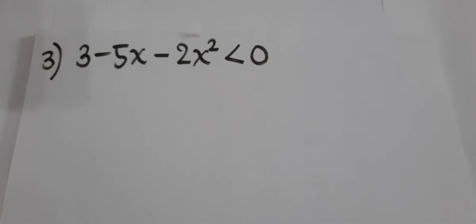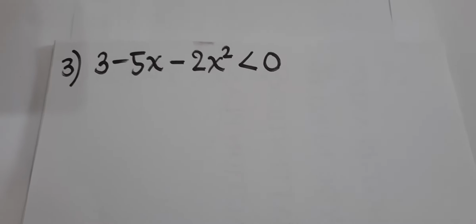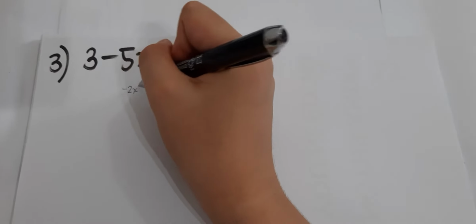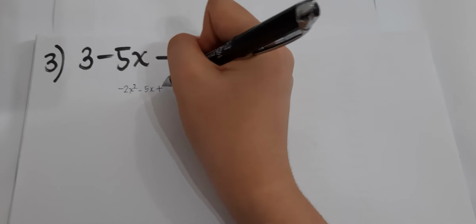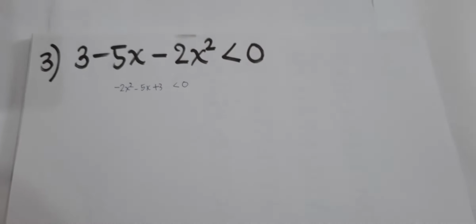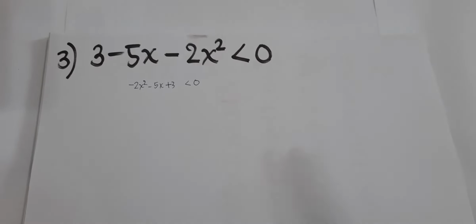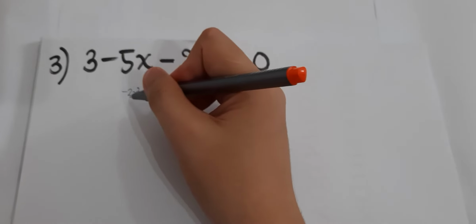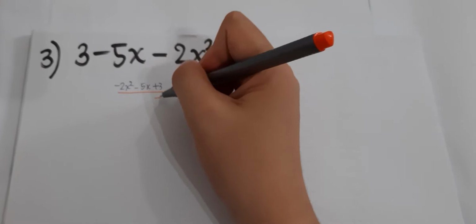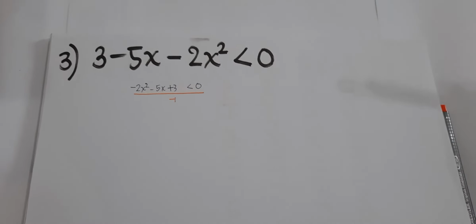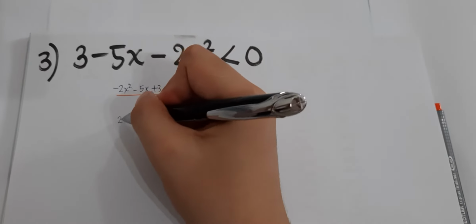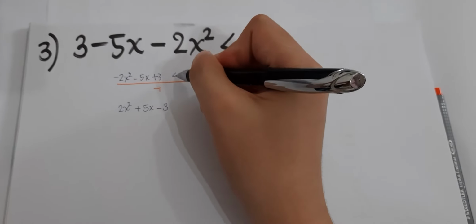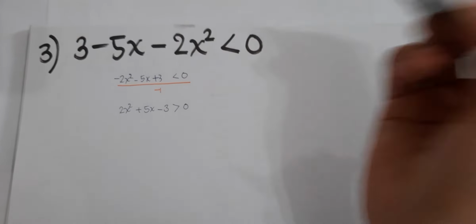Okay, let's have another example. So the same thing with the previous method. You need to arrange this first. So 2x squared minus 5x plus 3 is less than 0. Now, I'm not good with factorizing negative. I'm also not good if the graph is opening upward. So what I will do is remove the negative by dividing everything by minus 1. So this will become positive, positive, negative, and if it's negative, this will change the sign.